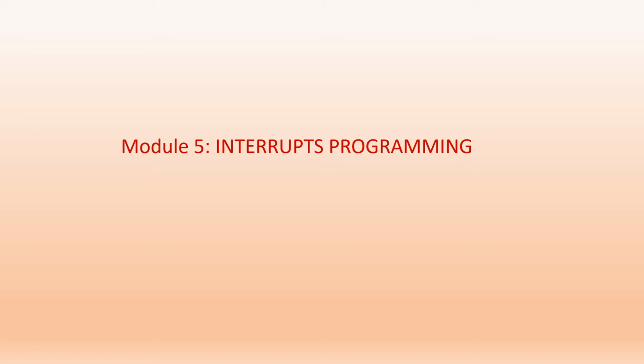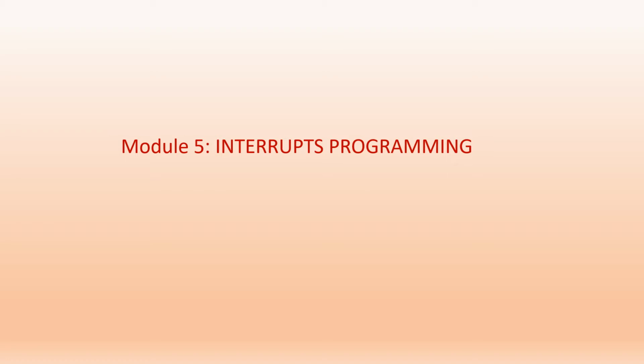Coming to the next, the interrupt method. In the interrupt method, the microcontroller will not check the status or the condition of whether the device needs service. The device, whenever it needs service, sends an interrupt signal to the microcontroller to say that it needs service.